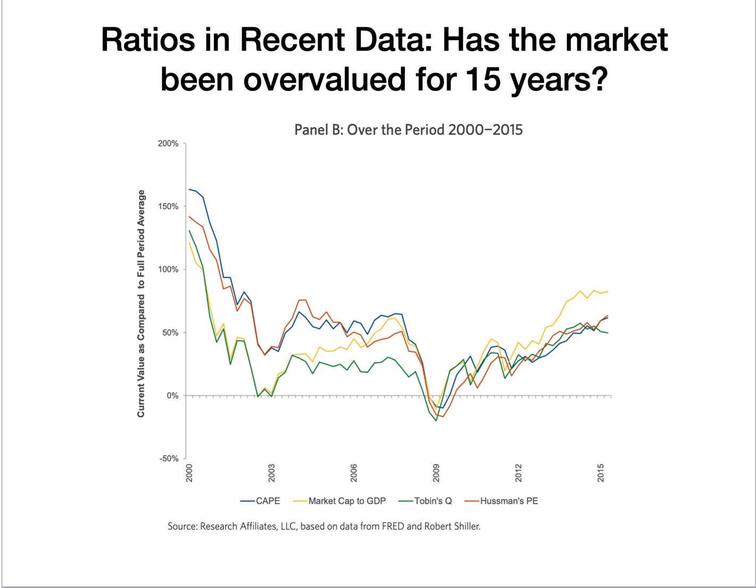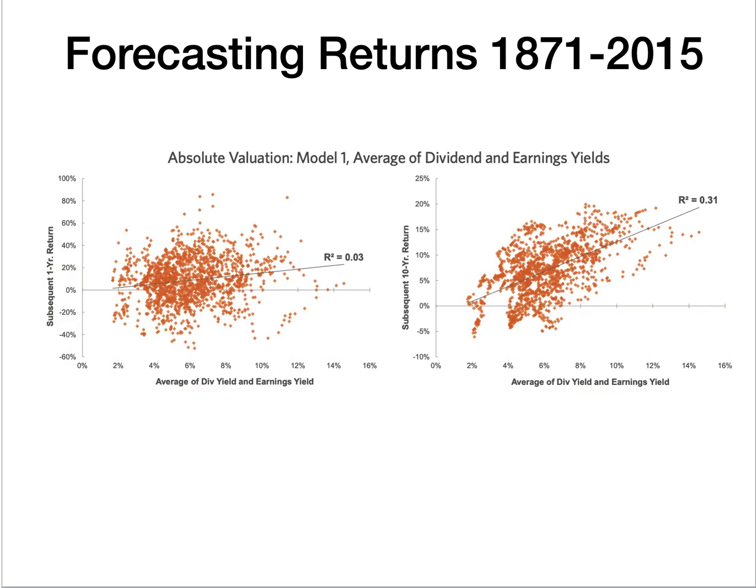So one test or one concern that people have about the stock market valuation is, well, what do these valuation metrics mean for stock market returns going forward? So the article that I assigned, they started running regressions.